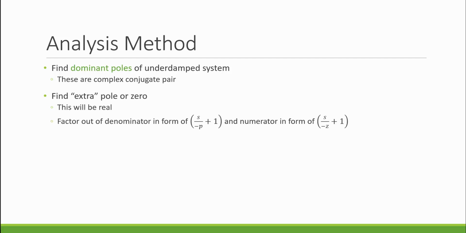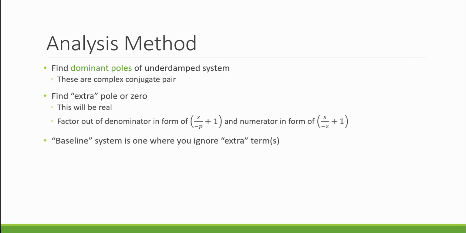So the rest of the denominator is going to look like an s squared plus s plus a constant term. And then the numerator, again, we want to factor out that 0 in the form of s over negative z plus 1. And we'll see why factoring out this way when we're doing this by hand analytically is going to be useful to us.